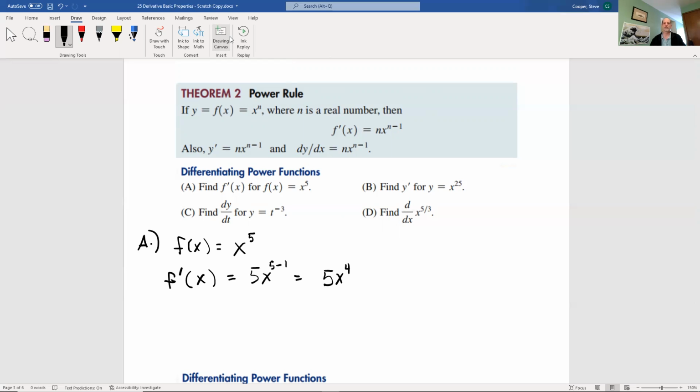Okay, so not too bad if it's just a power function. Let's take, if y equals x to the 25th power, I'm going to speed up a little bit here, then y prime is equal to 25x to the 24th, because that's 25 minus 1.